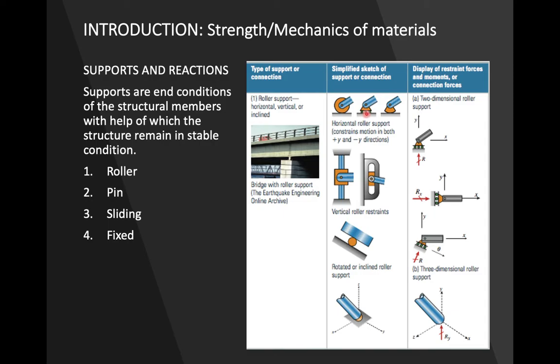It means that if this end is a roller, then this end of the body is constrained from moving in the vertical direction, but it allows itself to move in the horizontal direction. There are two types of constraints, translational and rotational.